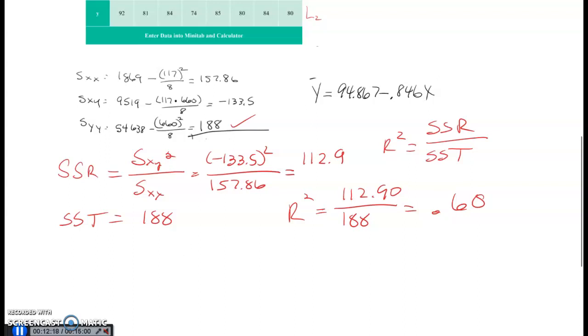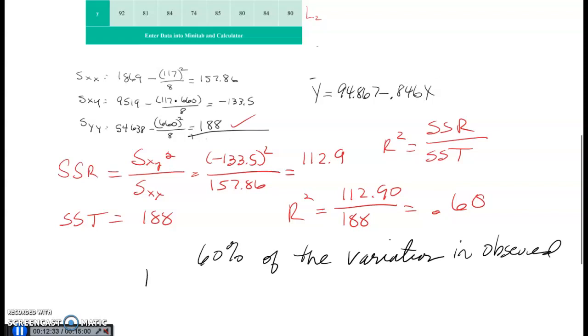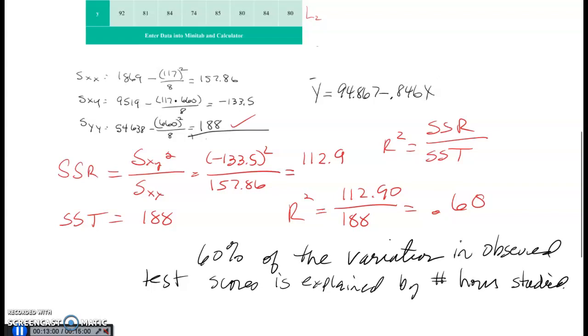as 60% of the variation in our observed test scores is explained by the number of hours studied.